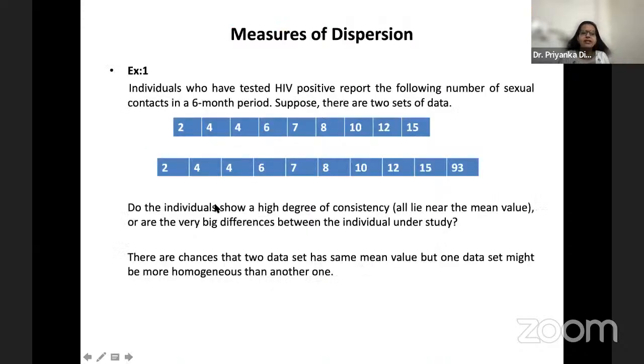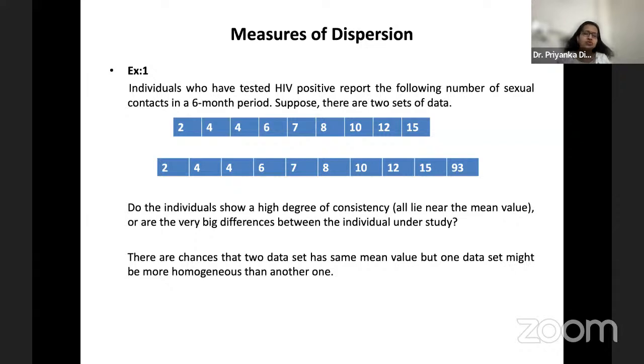In central tendency we have a number of indicators, like mean, median, mode. In measure of dispersion also we have a number of indicators. So the first, very simple indicator is range.